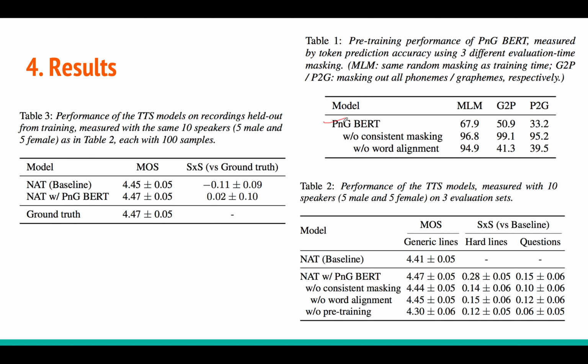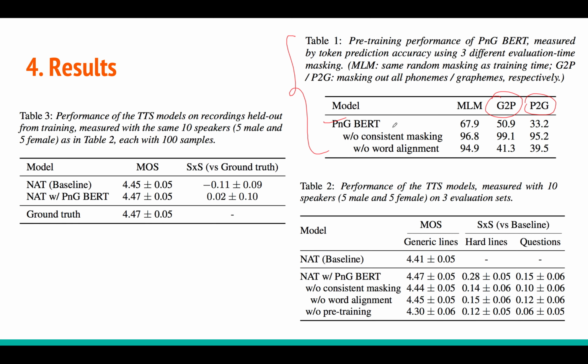So we have this PnG BERT. This is for the pre-training part. It measures the token prediction accuracy for 3 different evaluations, so 3 different masking types. One is MLM masking, and the other is G2P masking, which masks out all the graphemes, and P2G masks out all the phonemes, right?